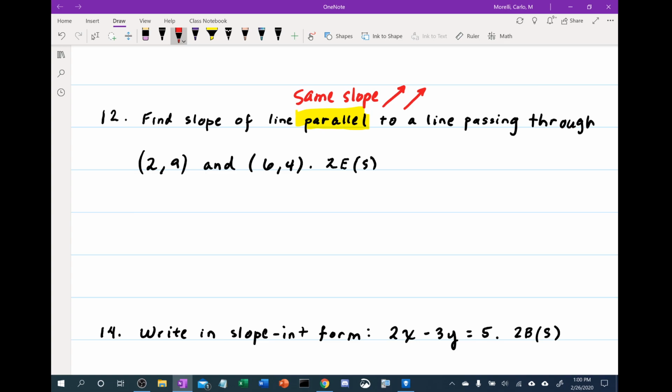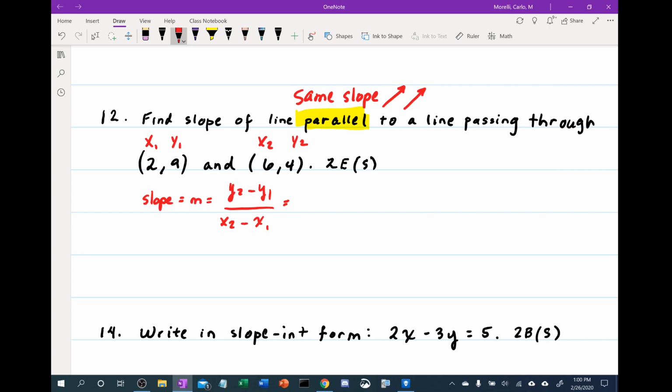So all we have to do is find the slope of these two points, x1, y1, x2, y2. And then we have the answer. Because whatever the slope of this line is, it's the slope of any line parallel to it. So let's find the slope. That's m equals y2 minus y1 over x2 minus x1.